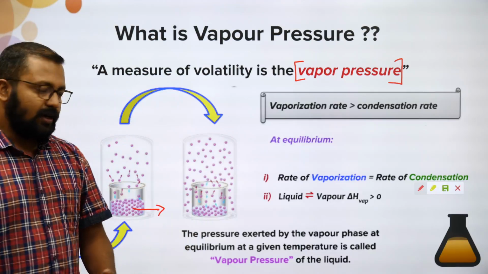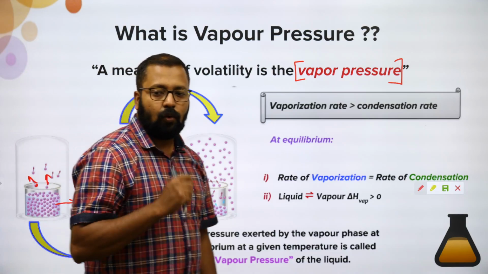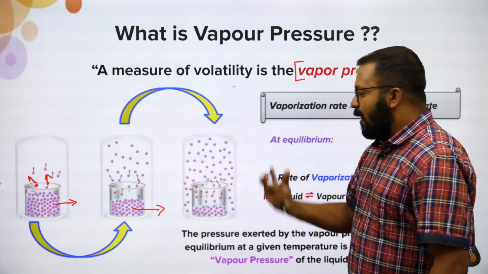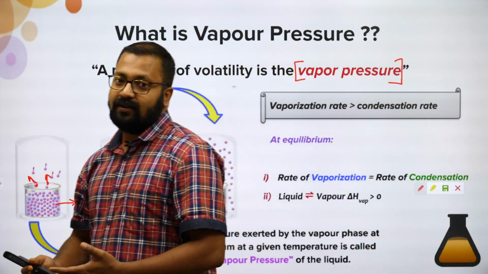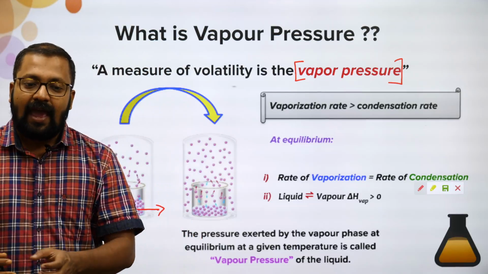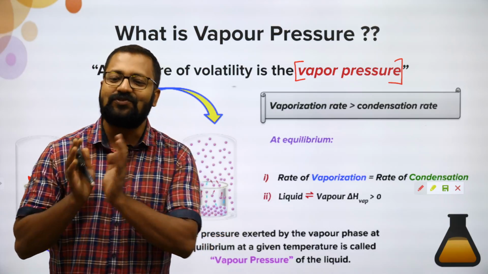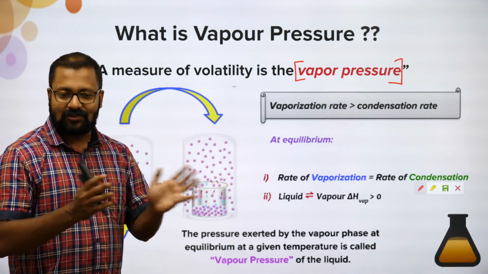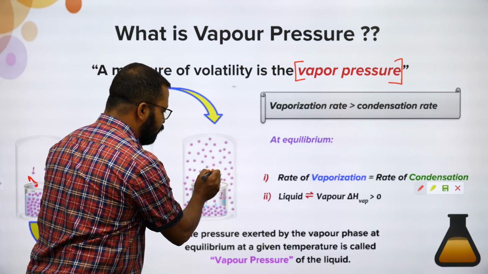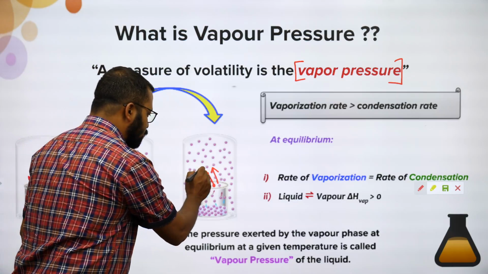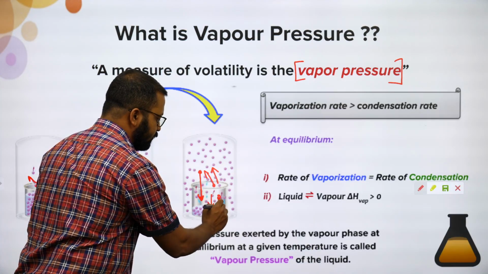Why is it becoming constant? Because initially the vaporization process is faster. First vaporization happens, vapors form, and then I am not taking a solute, no solute has been taken at all, we are only taking solvent. So the solvent molecules move and also the vapor molecules which are formed start condensing.